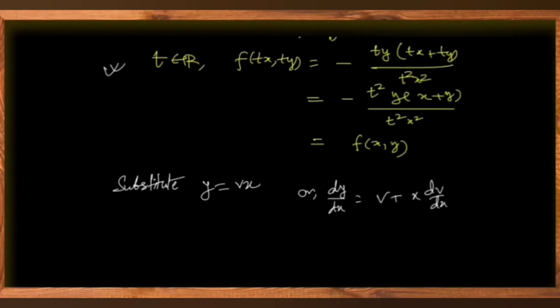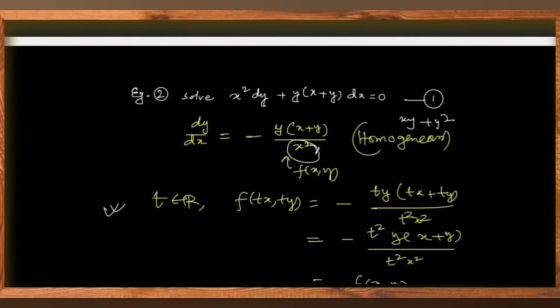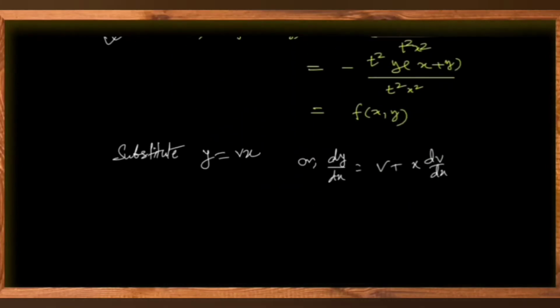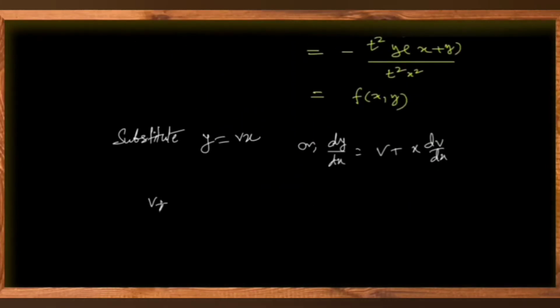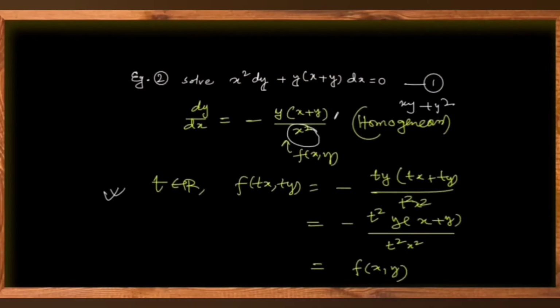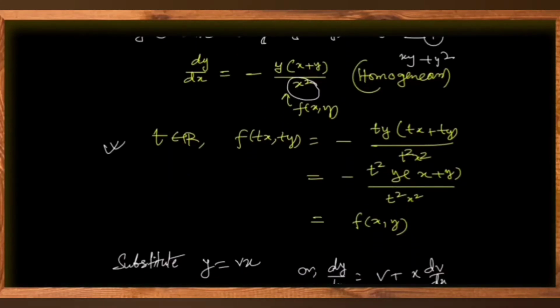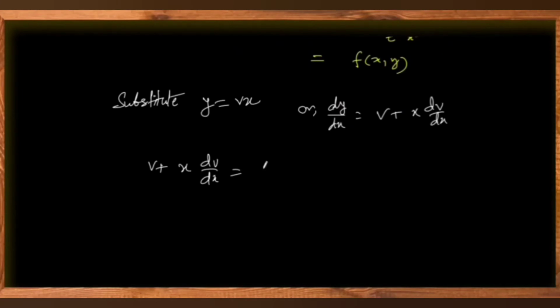Put this value in equation 1. We will get v plus x dv/dx on the left hand side, and on the right hand side we will get negative y, that means vx, times (vx plus x) upon x square.